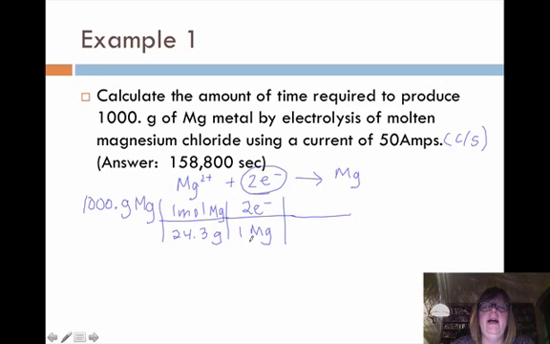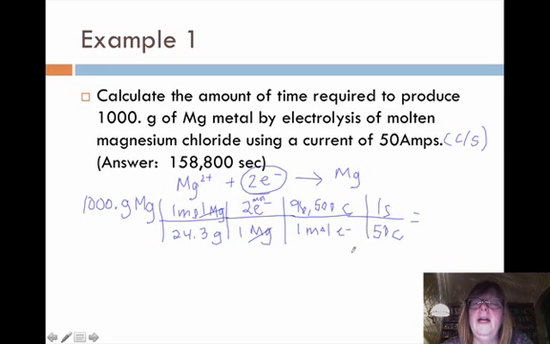And so now we have 2 moles of electrons. And we know that Faraday's constant is 96,500 coulombs per 1 mole of electrons. And wait a minute, 50 amps, an amp is a coulomb per second, so let's turn it upside down. 50 coulombs per second, and we've got our answer in time.